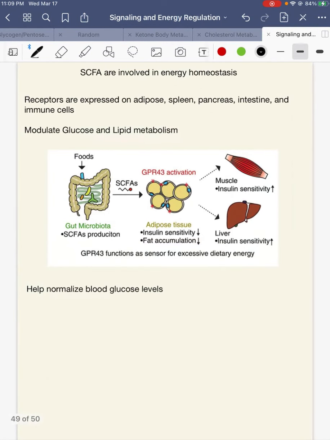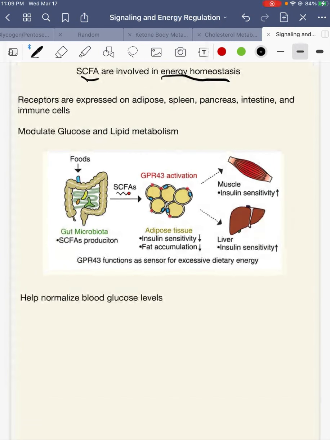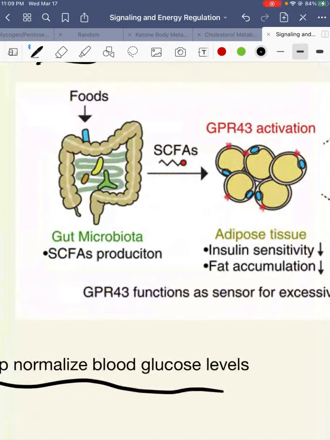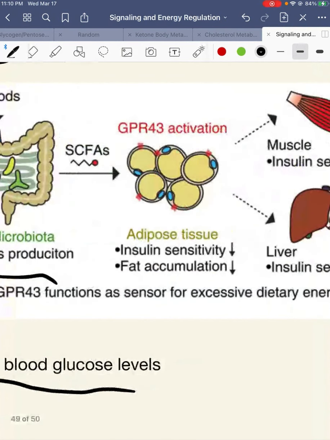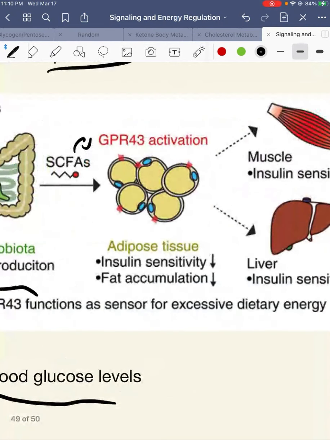Okay. Short chain fatty acids are involved in signaling, and they're involved a lot in energy homeostasis. They have receptors on adipose, spleen, pancreas, intestines, and immune cells. They modulate glucose and lipid metabolism, and they eventually help normalize blood glucose levels. So this is your gut microbiome. You make short chain fatty acids. They travel to the intestines and then eventually go to the adipose tissue.